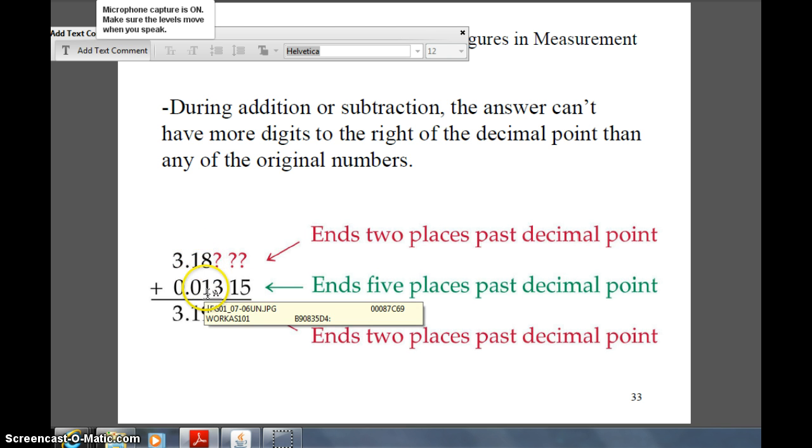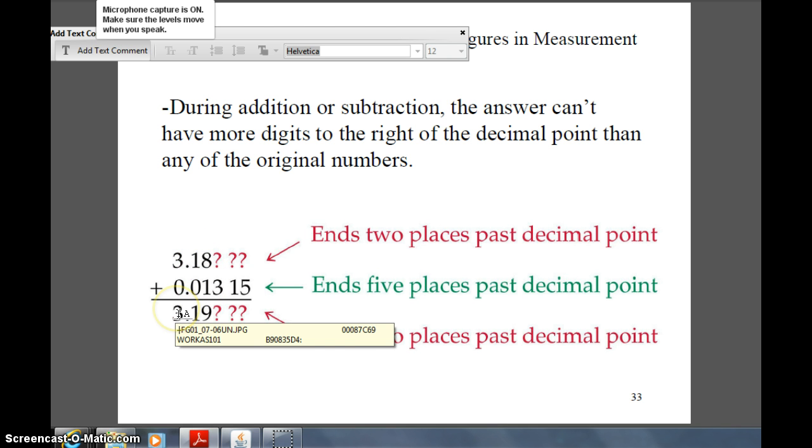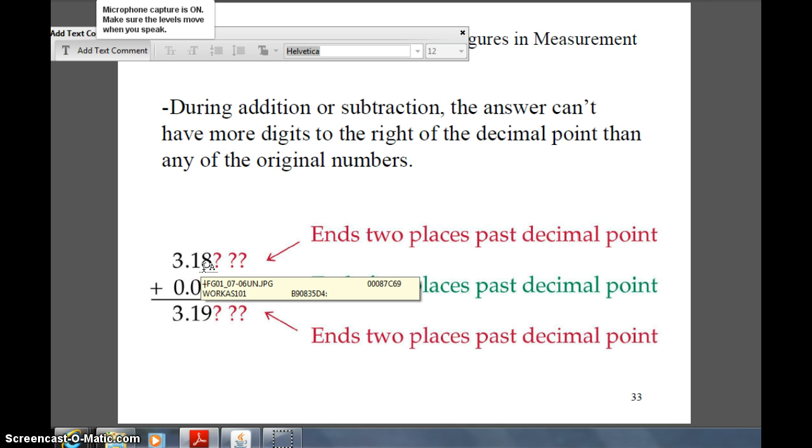So when you add the two, while your answer should look like 3.19315, you report it only as 3.19, because that's the lower number of decimal places of the two numbers.